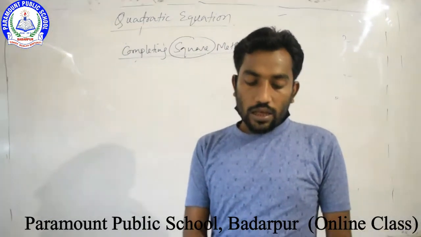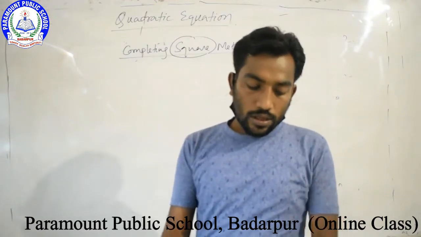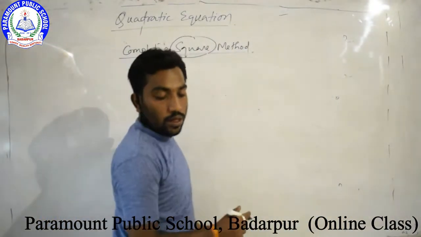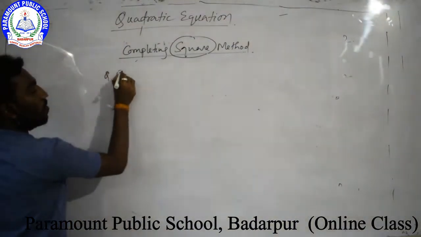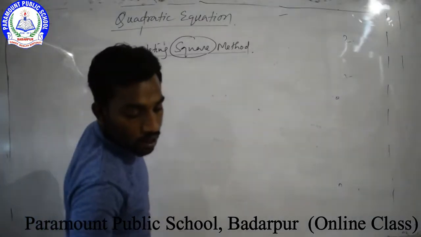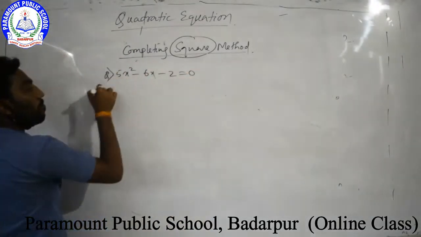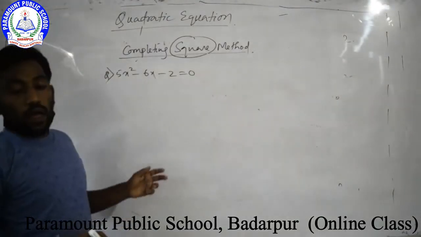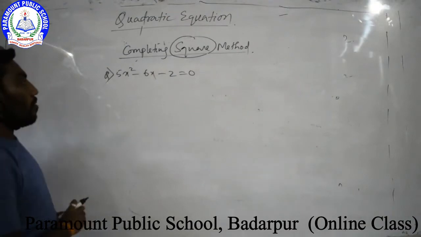Let me take a problem from your exercise. Five x square minus 6x minus 2 is equal to 0. I am using completing square method to solve the problem.